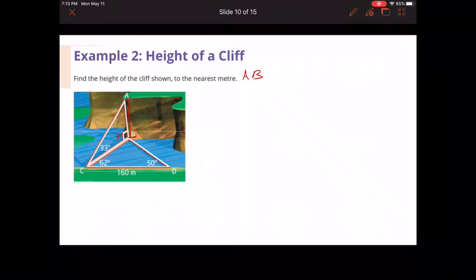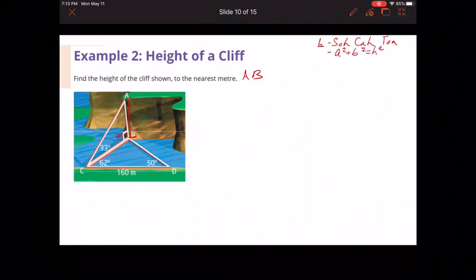But again, we've got a right angle, so maybe SOHCAHTOA will help us. Maybe Pythagorean's theorem will help us. We also have sine law we can play with, and we also have cosine law. So these are some of the things that can get us started.